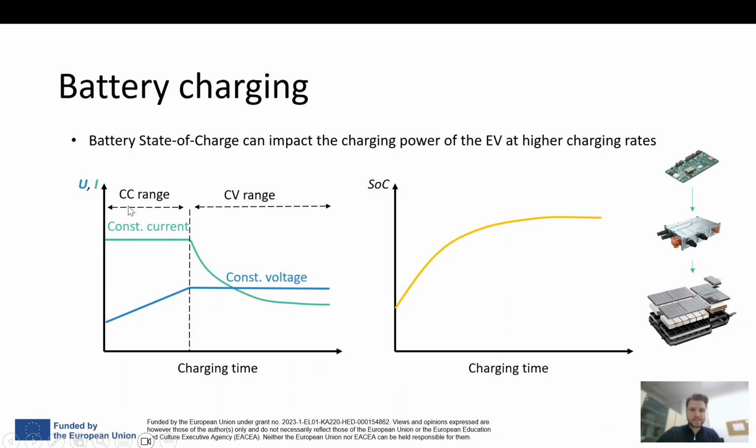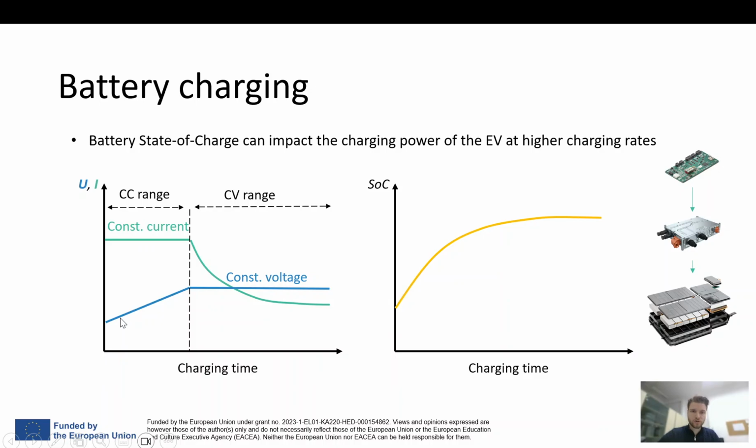So the CCCV charging method does the following. Once the charging of the electric vehicle starts, a constant current is drawn for some time, and the voltage of the individual cells of the batteries is monitored.